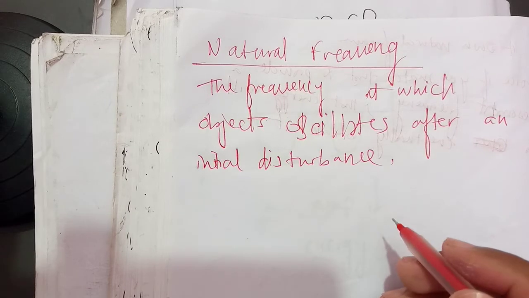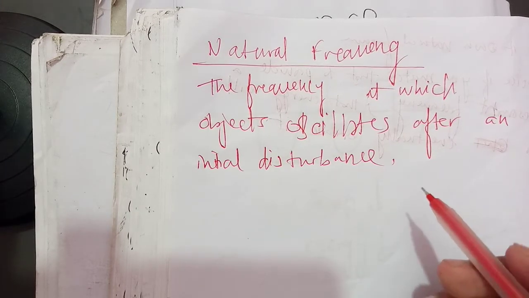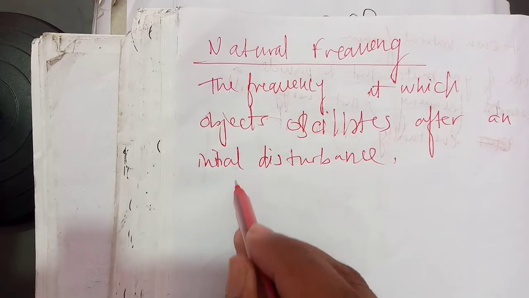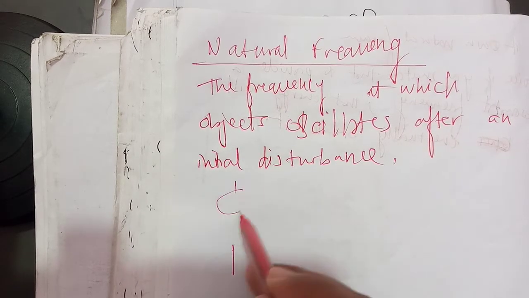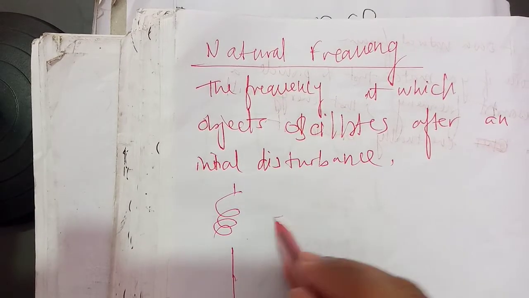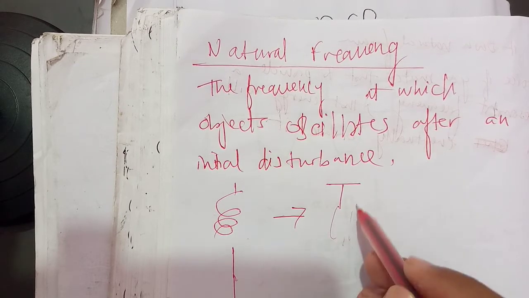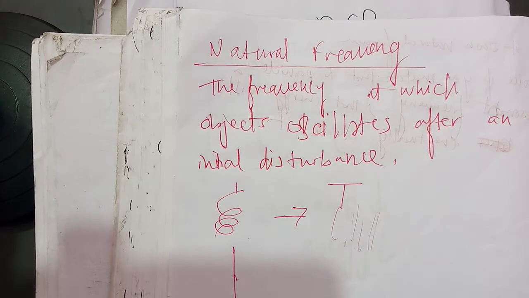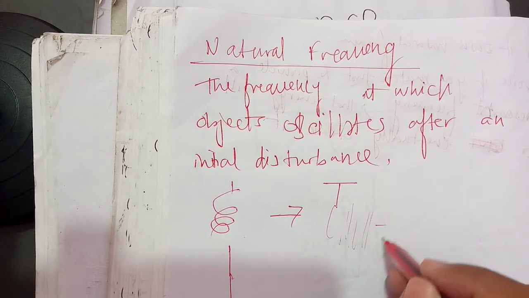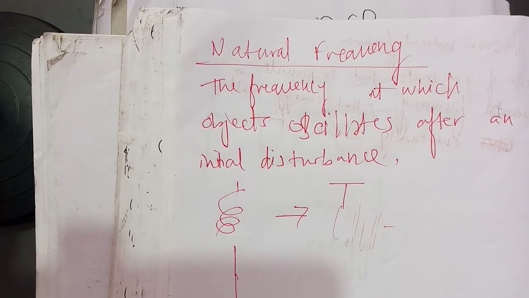So for instance, a swing or a spring, like after you pull it or disturb it, a few seconds later you will see that it's constantly moving at the same rate, and if you time it and find the frequency, you will keep on getting a constant frequency.